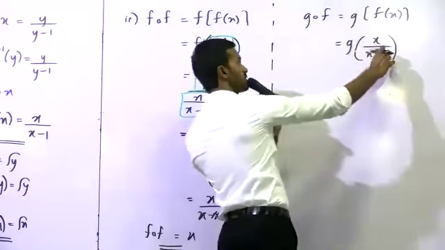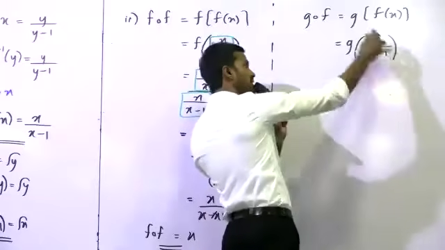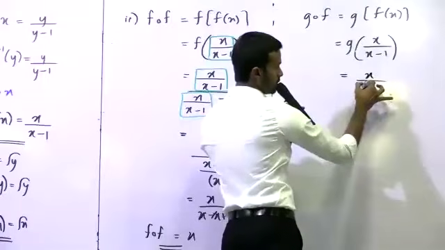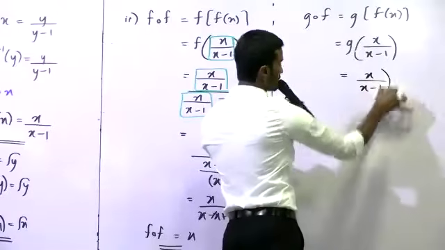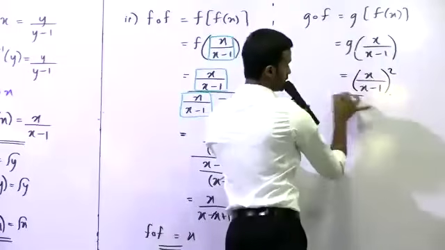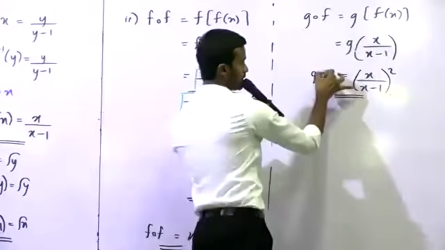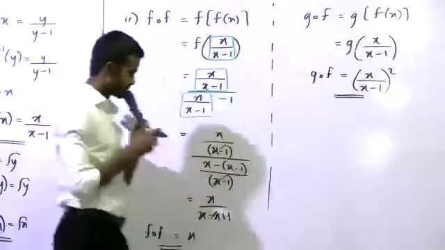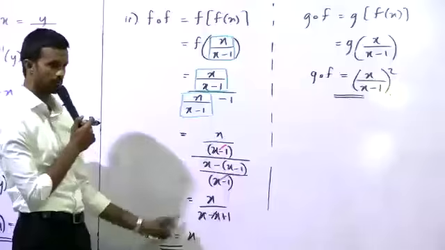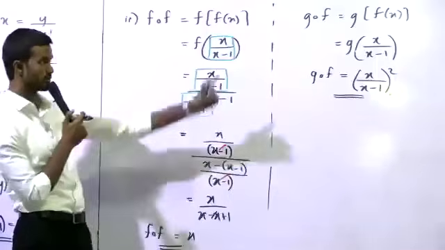So that is what a function does. Whatever comes here, it gets squared. So here, it's equal to (x over x minus 1) squared. So this is what we have for g o f. Okay, hands up who got these. If you have written this one, that's okay, but make sure you simplify. Okay, hands up who have got these two composites.